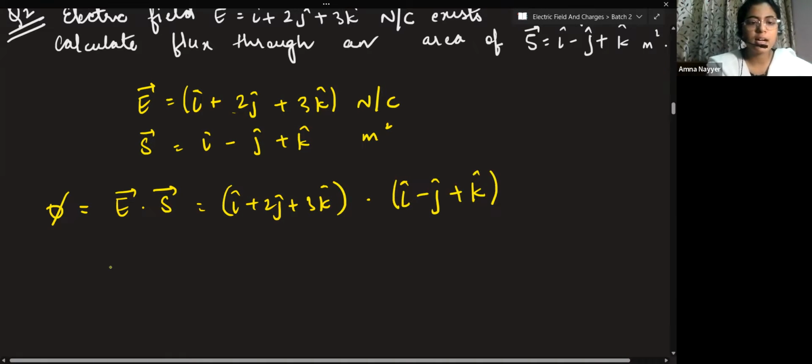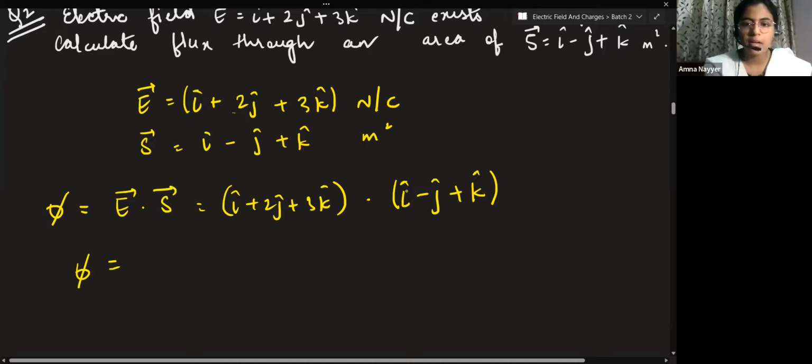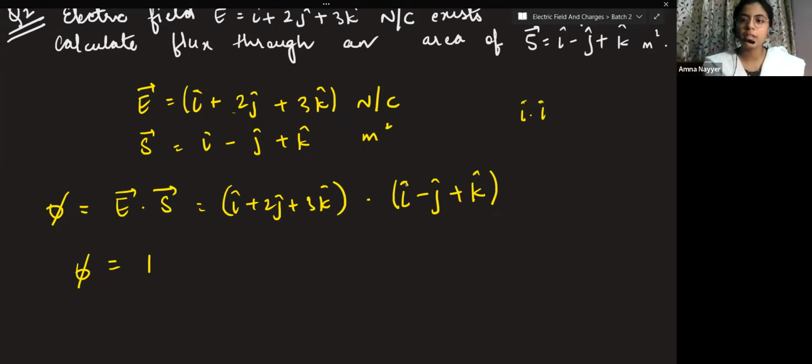So how do we solve the dot product? Take the coefficient of the I cap unit vector with you, and multiply it with the coefficient of I cap given in the second part. What is the coefficient of I cap over here? 1. This will be 1 multiplied by 1, which gives you 1. Also, I cap dot I cap, J cap dot J cap, K cap dot K cap is also 1.